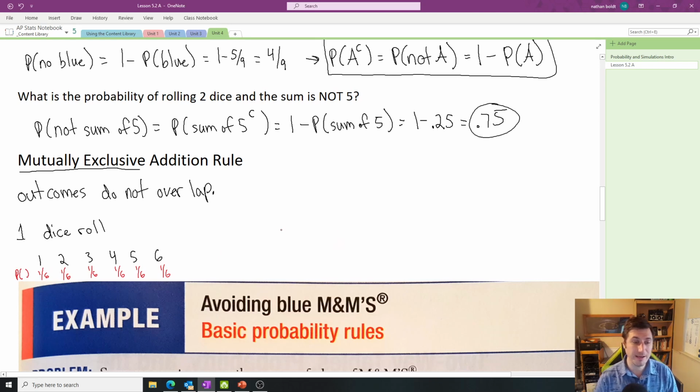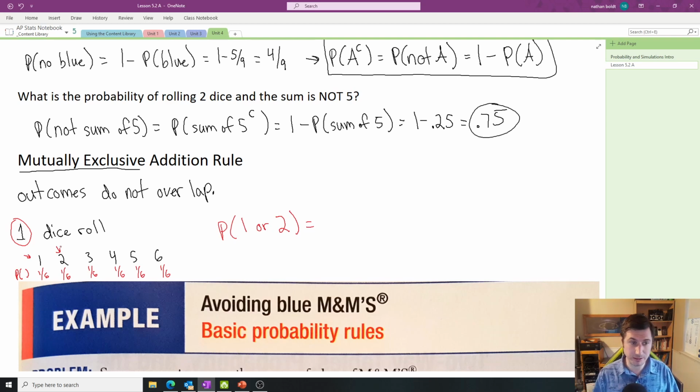All right, so what if I now wanted to know what is the probability of getting either a 1 or a 2? So, do those two outcomes overlap? If I only roll one dice, is it possible to roll a 1 and a 2 at the same time? Obviously not. They cannot happen at the same time. It would be impossible to have a 1 and a 2 show up on the same dice roll.